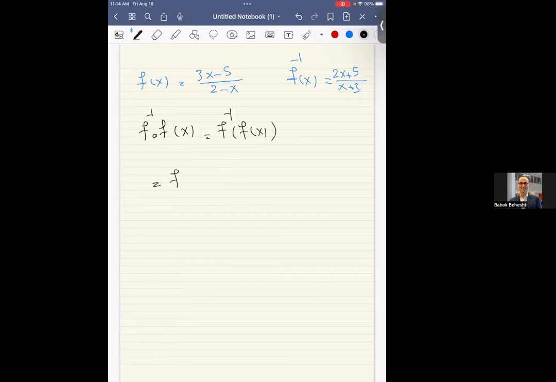What is f of x? F of x is 3x minus 5 divided by 2 minus x. Now you have f inverse of this. That means this must be 2 times 3x minus 5 divided by 2 minus x plus 5, divided by 3x minus 5 divided by 2 minus x plus 3.